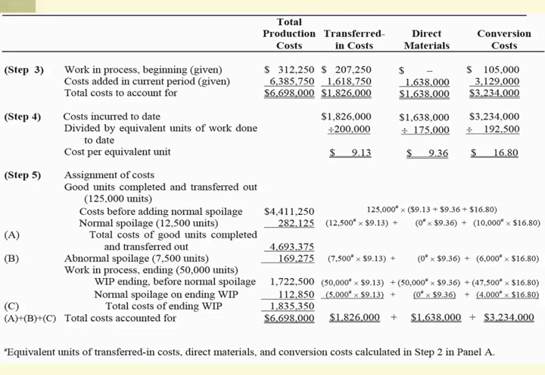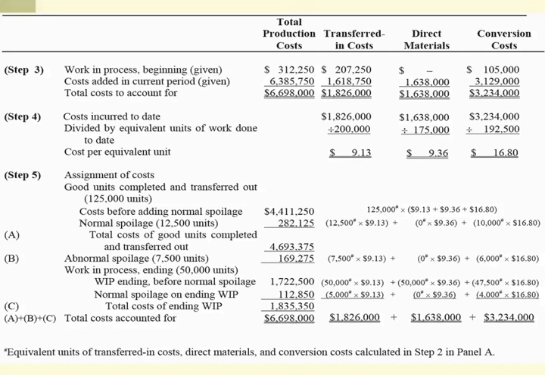Work in process ending before normal spoilage: 50,000 units multiplied by 9.13 for transferred in costs plus 50,000 multiplied by 9.36 for direct material plus 47,500 multiplied by 16.8 will result in total production costs for work in process ending before normal spoilage 1,722,500.